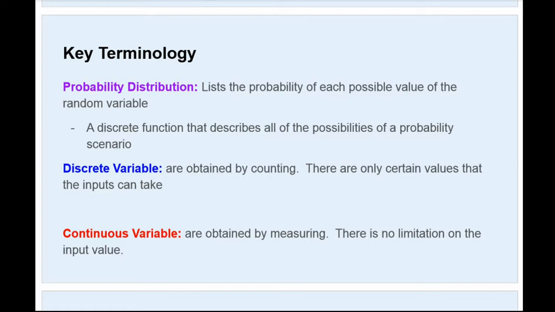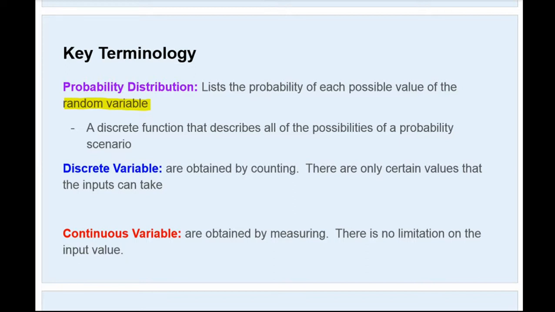We do talk about, in that definition, the idea of each possible value of a random variable. And the random variable could be one of two things. It could be a discrete variable or a continuous variable. A discrete variable is something that can be obtained by counting, and there are only certain values that the outcomes can take.